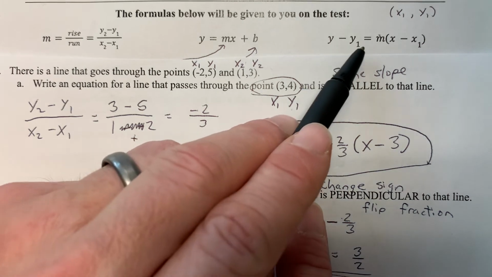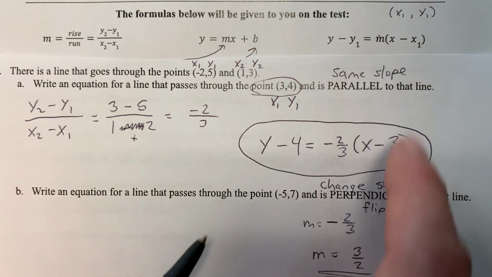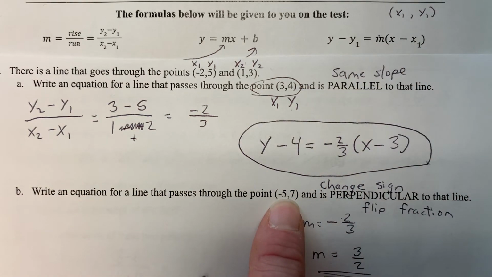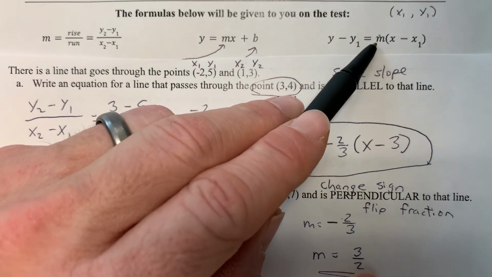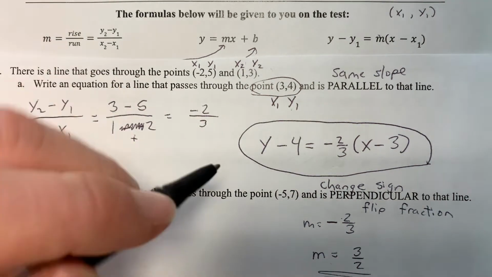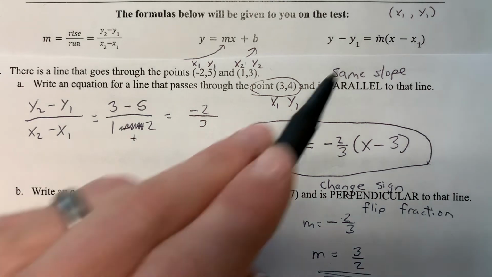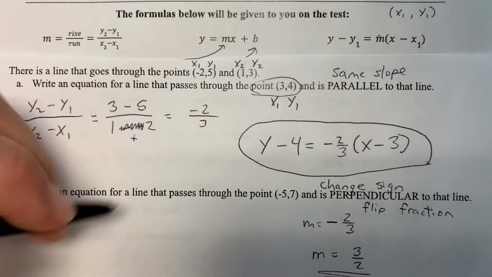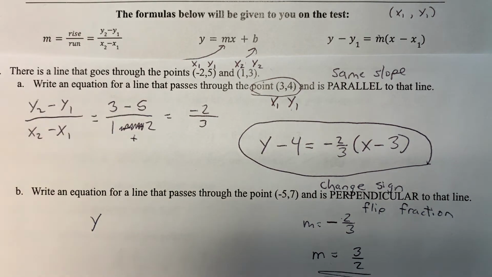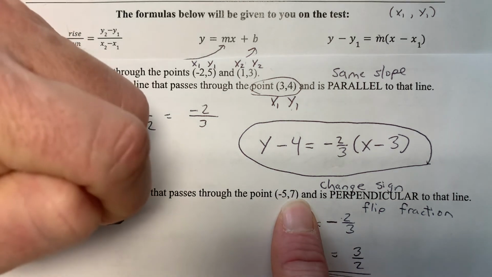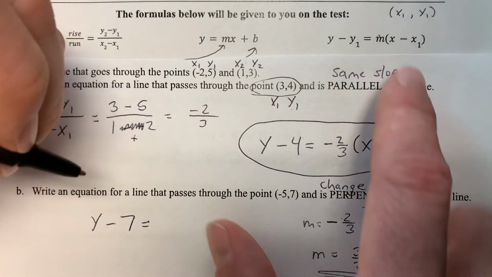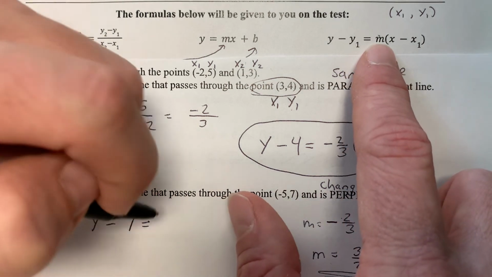So again, we're going to use our point slope form because we have a point and we have our new slope of 3/2. So we're going to do y minus y1. So y minus our y1 this time will be 7 equals our slope.